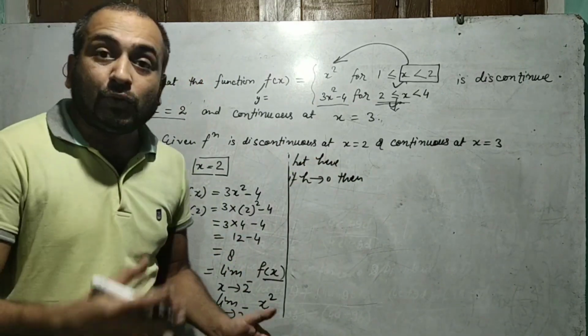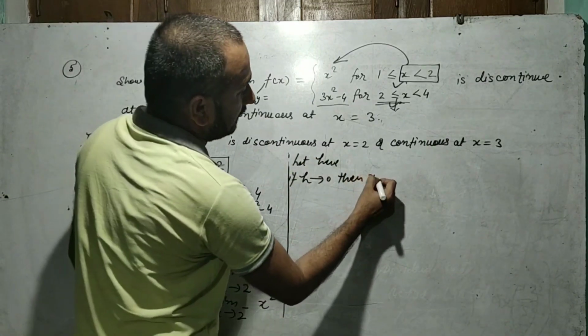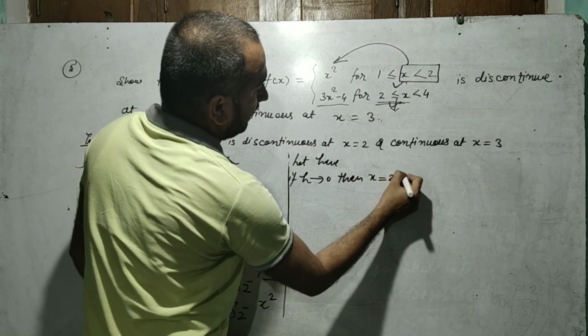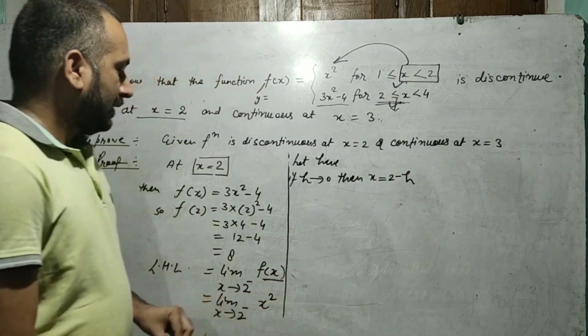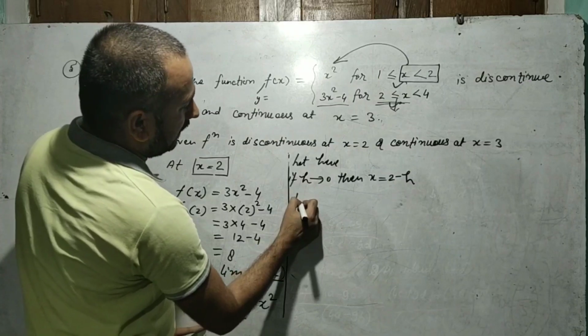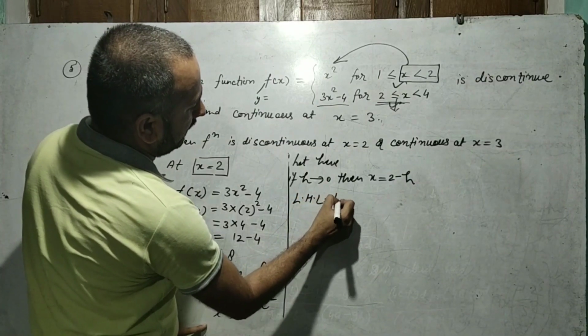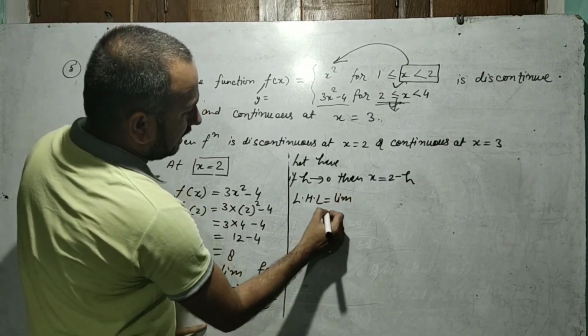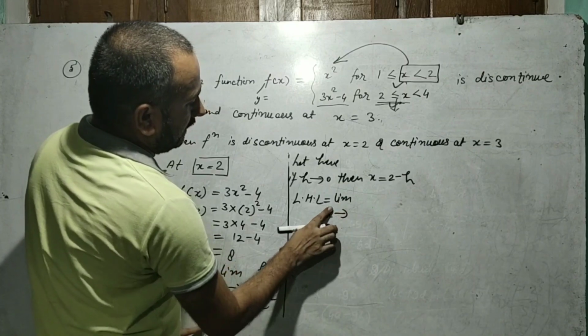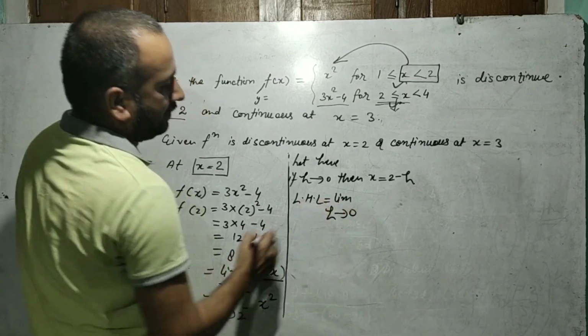Then x will be 2 minus h. So the left hand limit is the limit as h tends to 0.